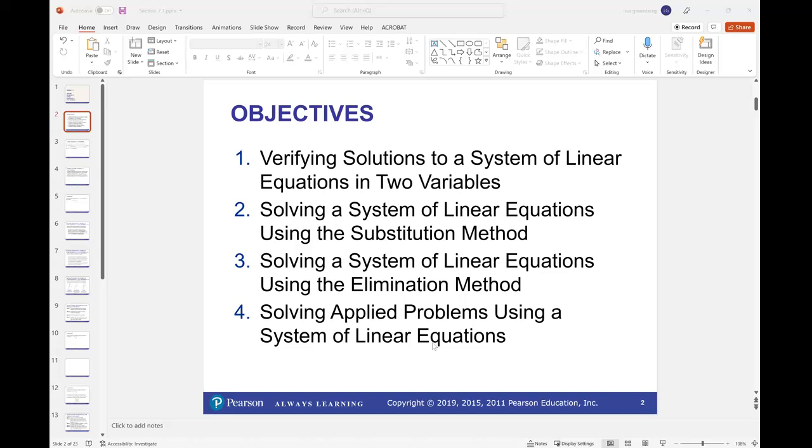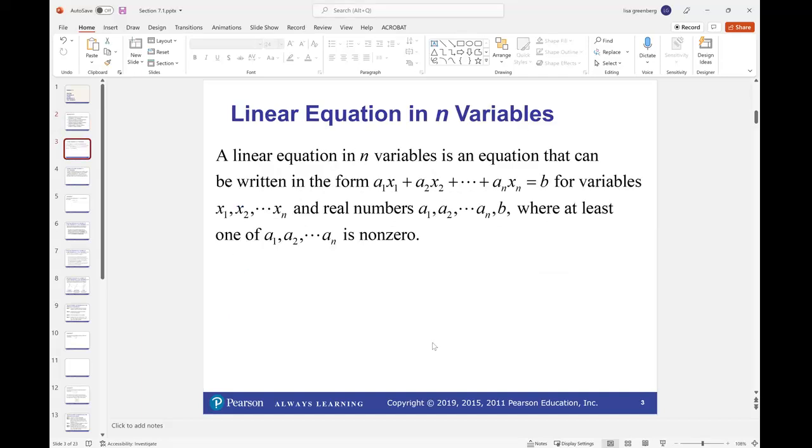So first thing is, what is a linear equation? Well, we already learned that it's a value to the first power. Remember, the exponent always has to be to the first power. So let's read what this says. A linear equation in n variables is an equation that can be written in the form a1x1 plus a2x2.